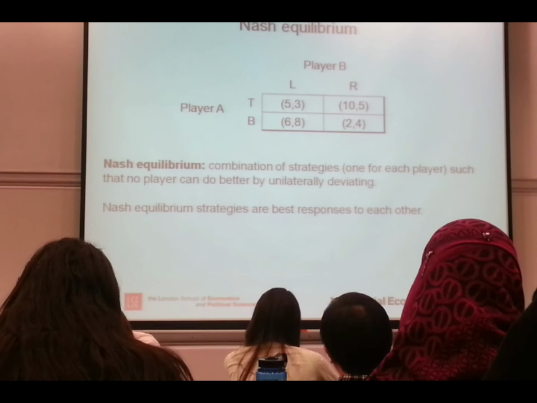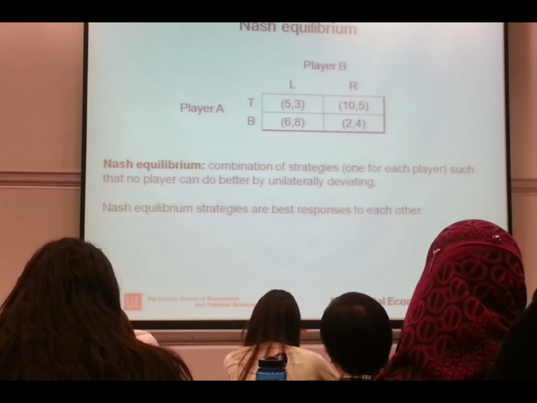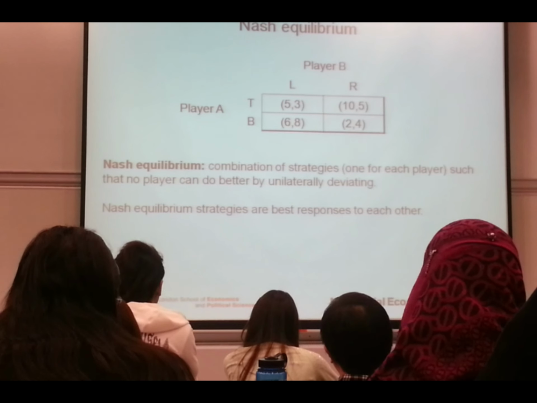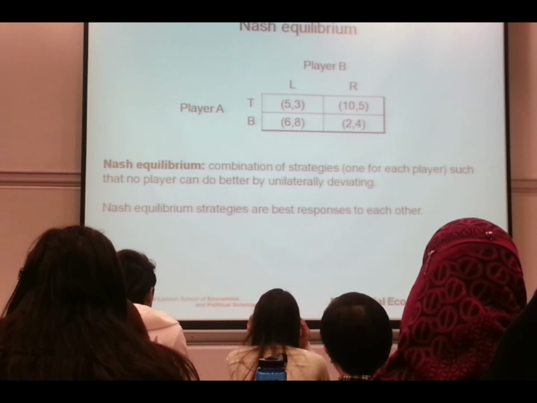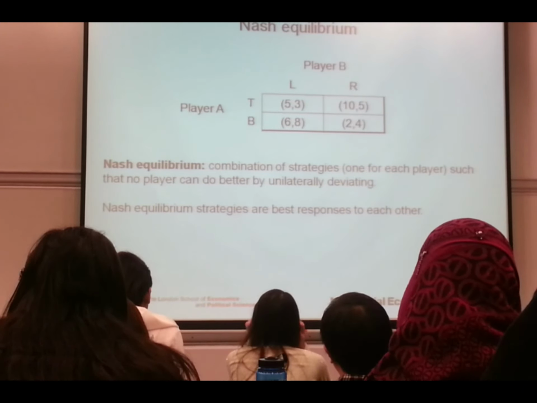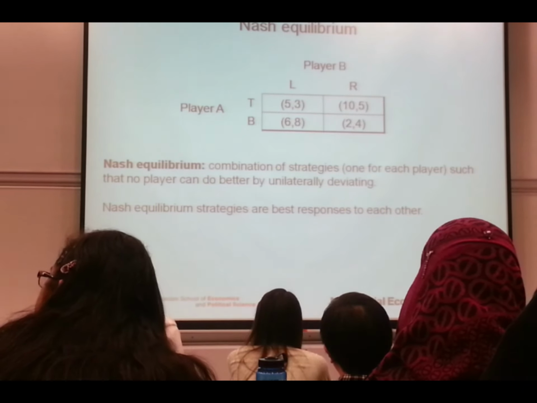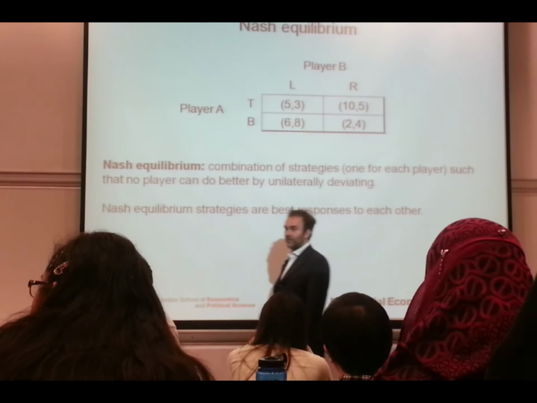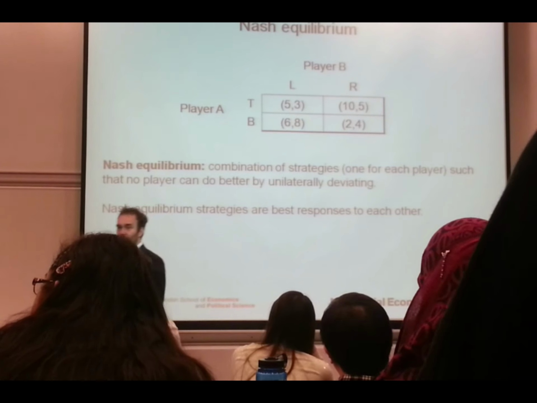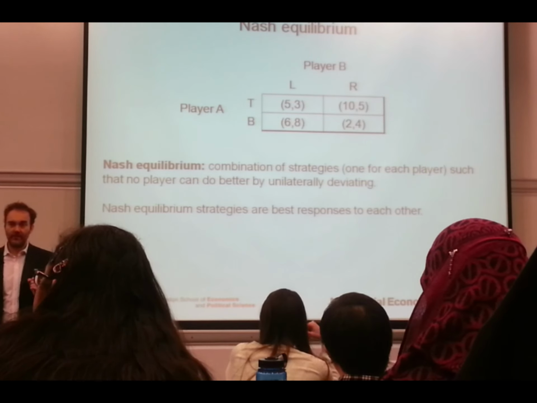If I take your strategy as given and I'm playing a best response, and you're taking my strategy as given and you're playing a best response, we're in Nash equilibrium. By definition, this is the case.